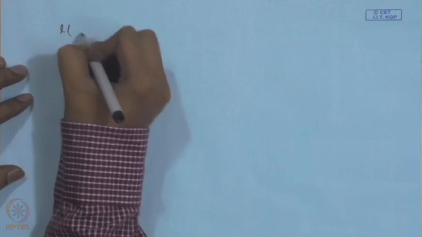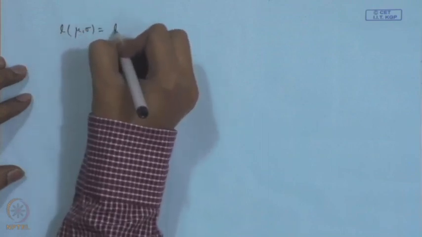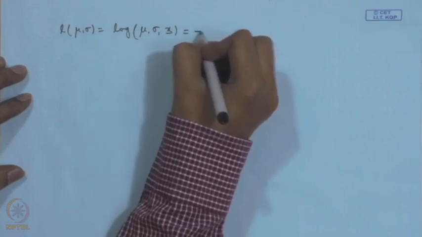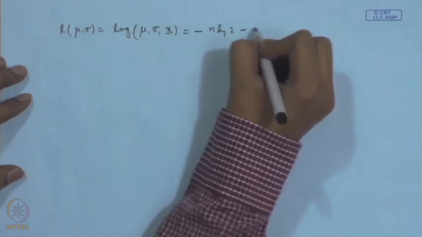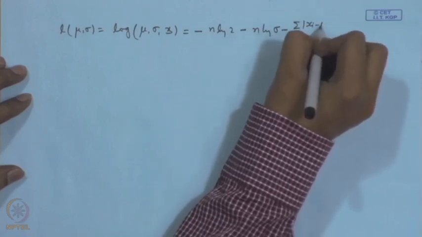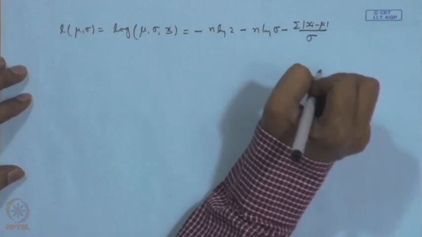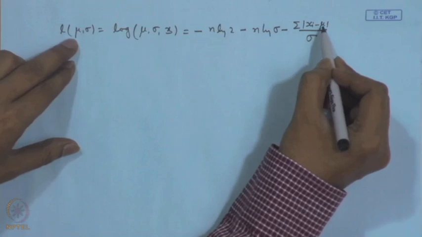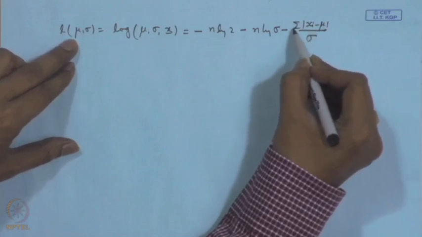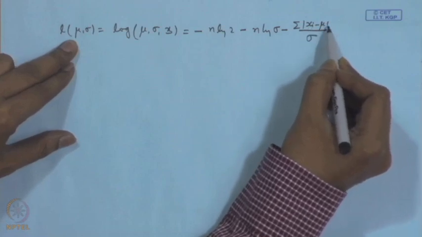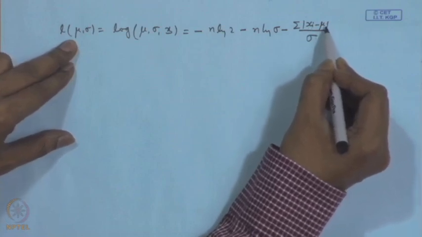So, we take the log here, that is equal to minus n log 2 minus n log sigma minus sigma x I minus mu by sigma. So, as before, the maximization with respect to mu will occur when sigma of modulus x I minus mu is minimum, and we have already shown that this is occurring when mu is a median.